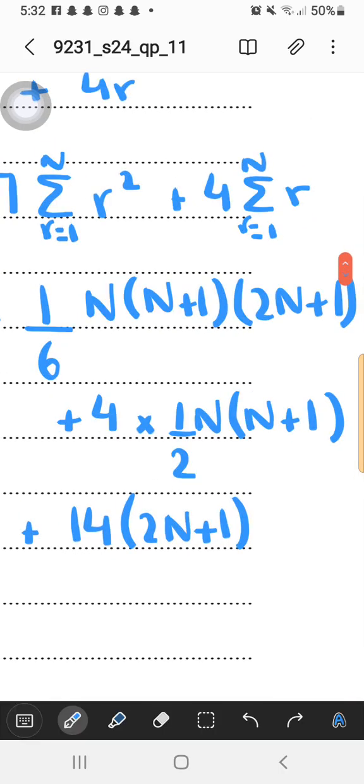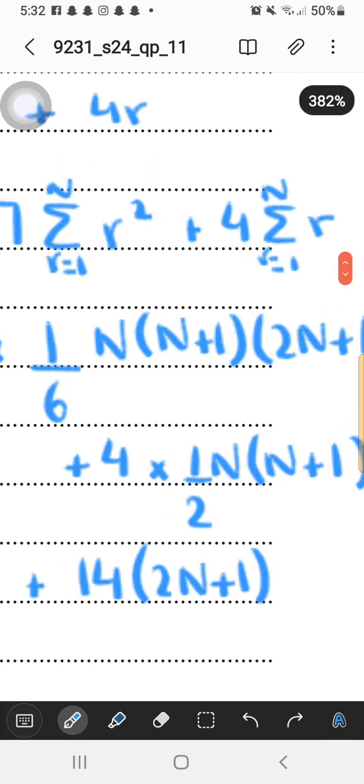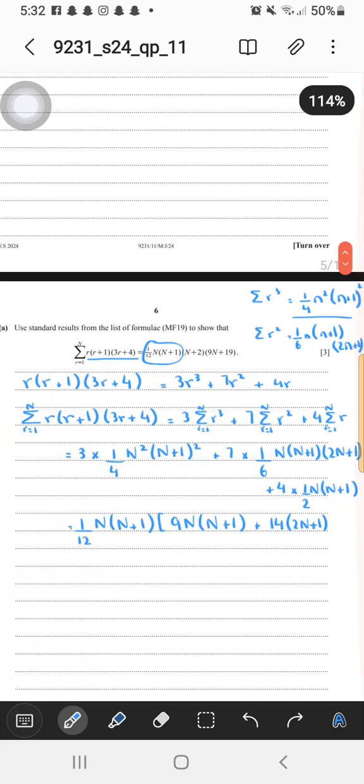And if you talk about the last term, what will be the factor here? Let me calculate and confirm it.